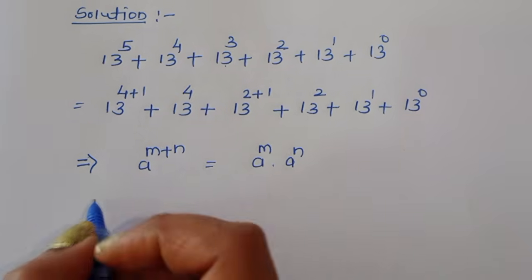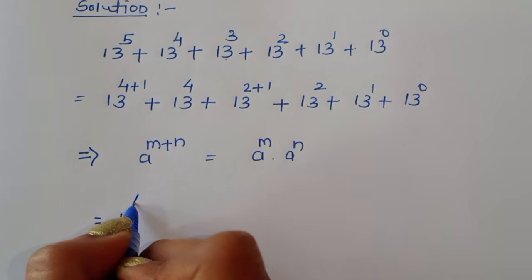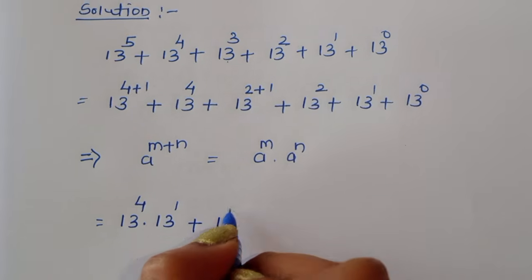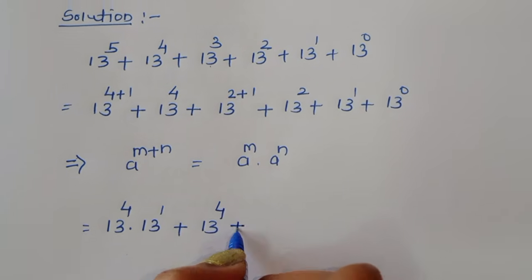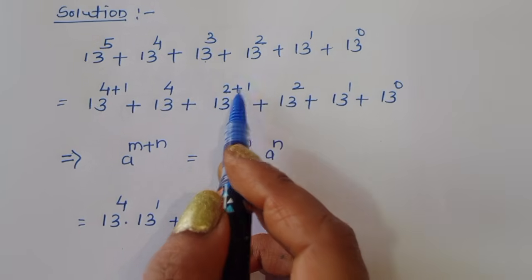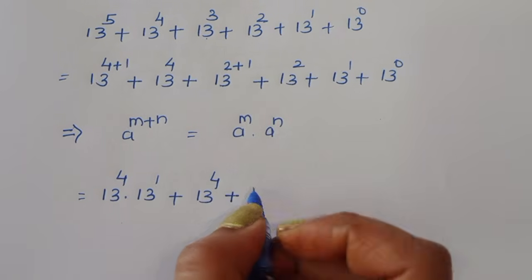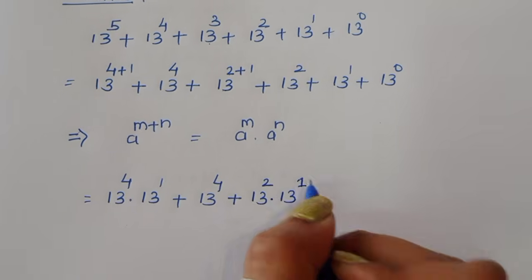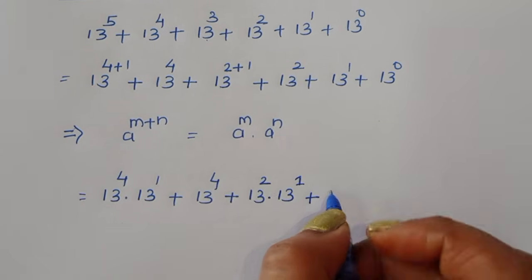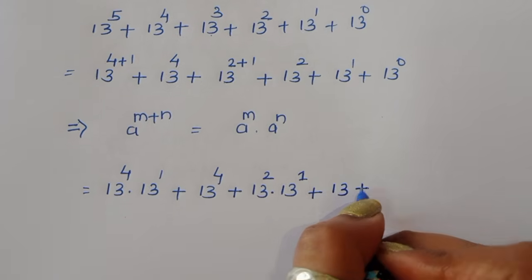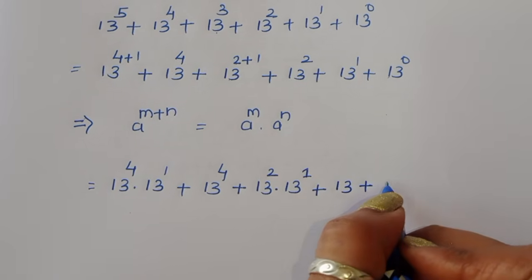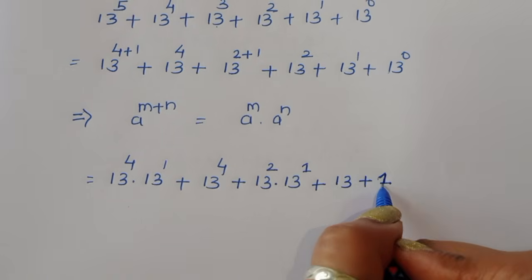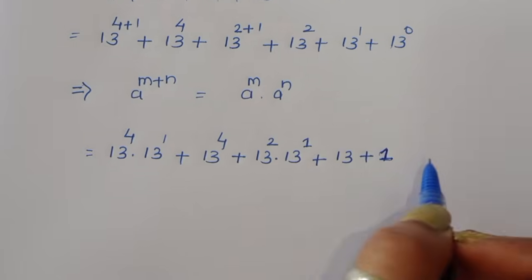Using this formula we get 13^4 times 13^1 plus 13^4, plus 13^(2+1), which is 13^2 times 13^1, plus 13^2 plus 13^1, which is 13, plus 13^0. The power 0 of any number is 1, so it will become 1.